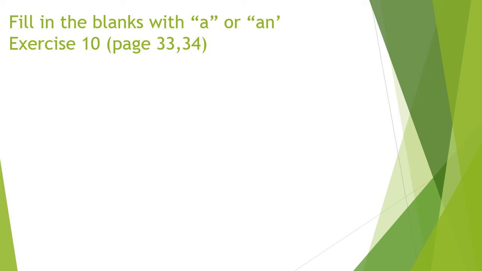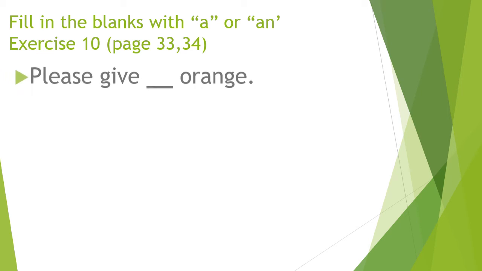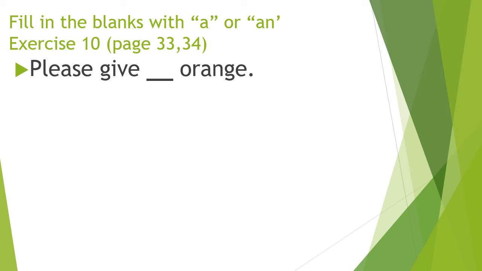Exercise 10, page number 33, 34. Let me read the question for you. Fill in the blanks with a or an. The first sentence is, please give dash orange. Please give an orange, as orange has a vowel sound O. So an will come in this blank.